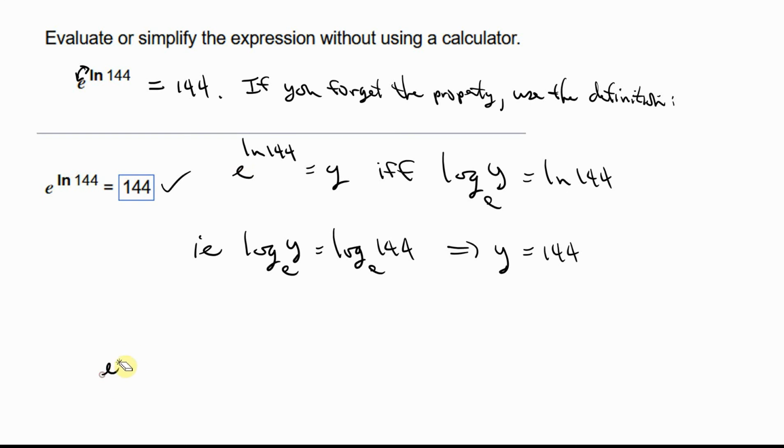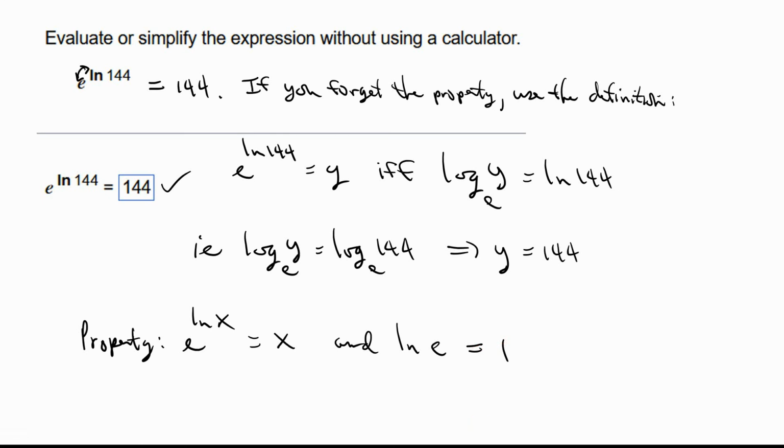What is the property? The property says that e to the natural log of x is equal to x, and the natural log of e is equal to 1.